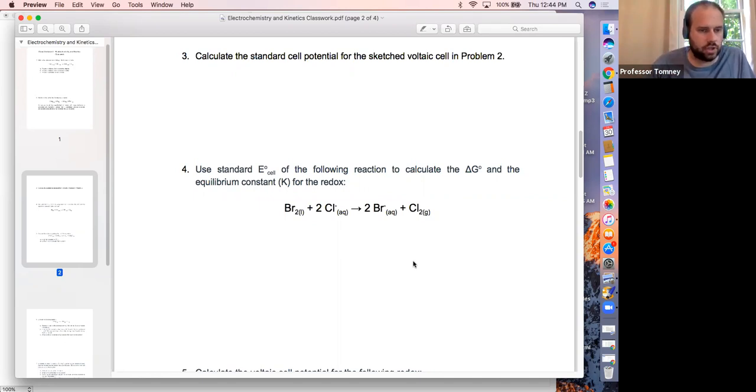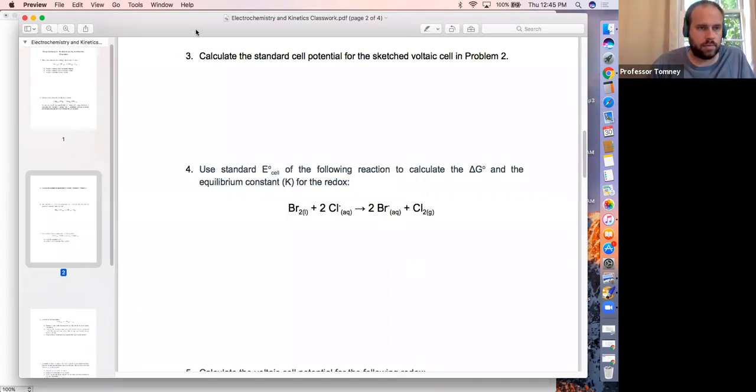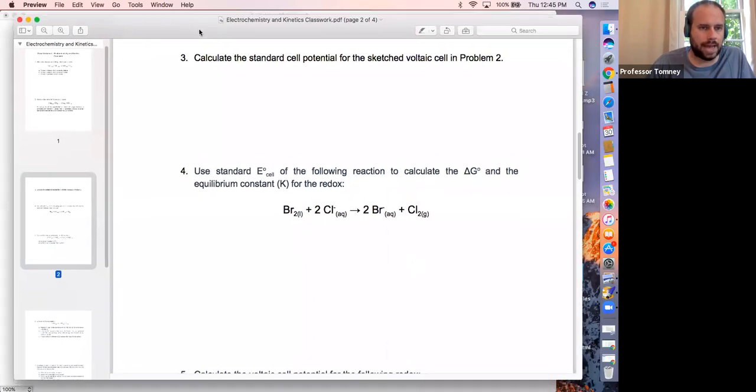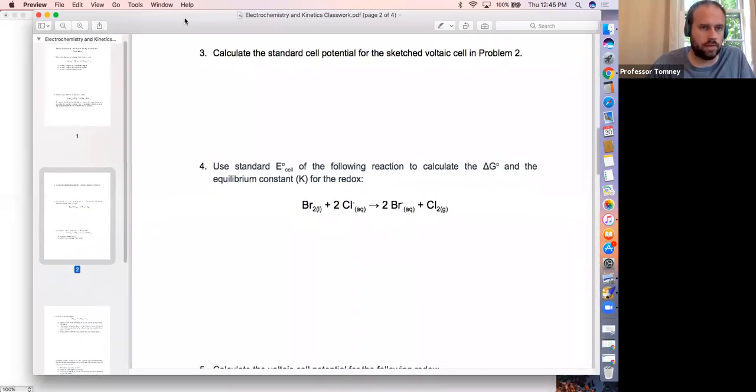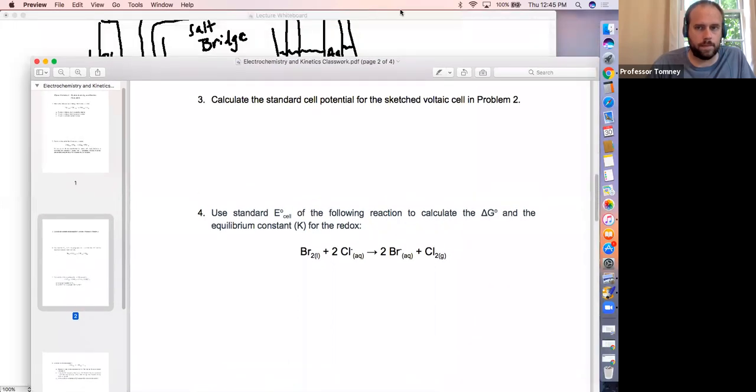And once I have delta G, I'm going to tie that back into the equilibrium constant. So there are other ways that you can represent E cell to the equilibrium constant, but this is the process that I originally intended for the problem to be solved with. As long as you're getting to that answer that you need, then you should be fine.